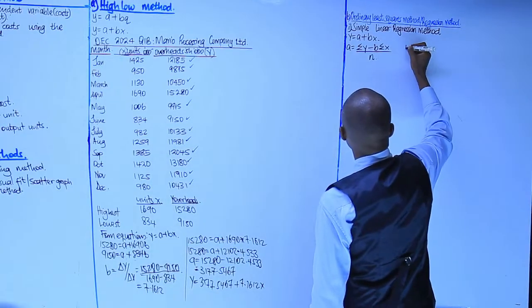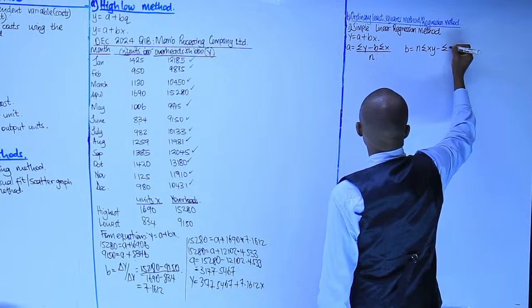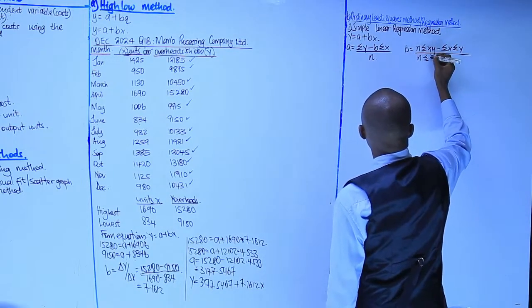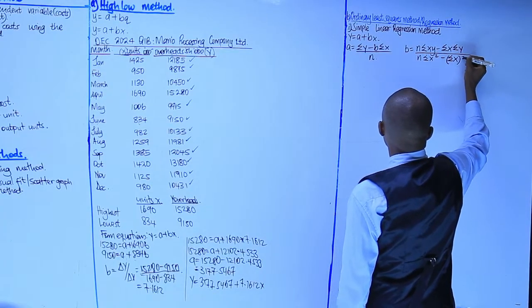Then the value of b is n summation of xy minus the summation of x times the summation of y, divided by n summation of x squared minus the summation of x, then you square.